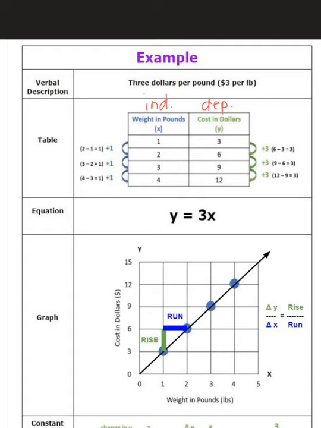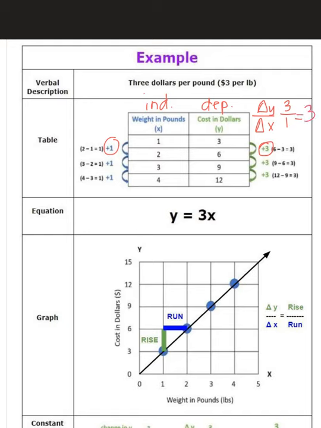Now the way you would set up your ratio, remember it's the delta y over the delta x. So the change in your y needs to go in the numerator, over the change in your x in the denominator. Then you'll simplify that ratio and it will equal 3.